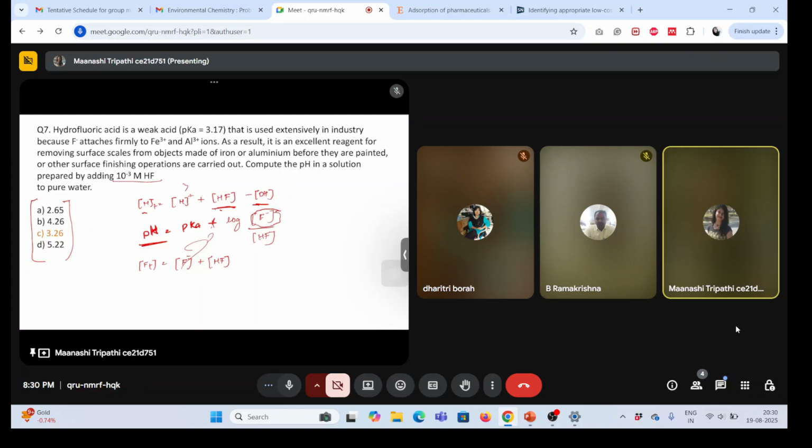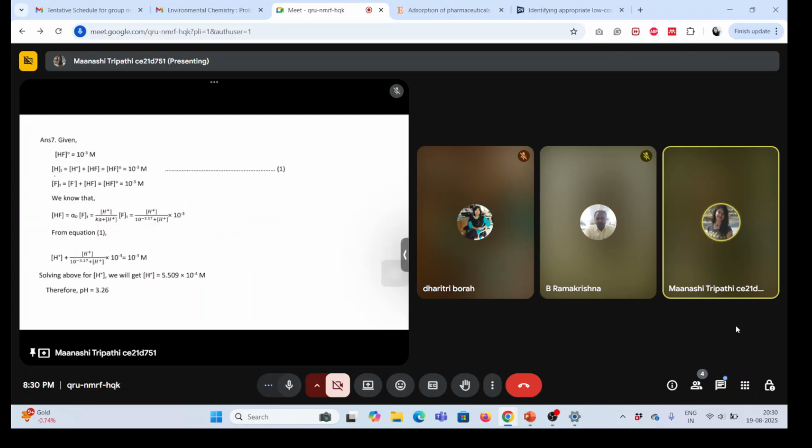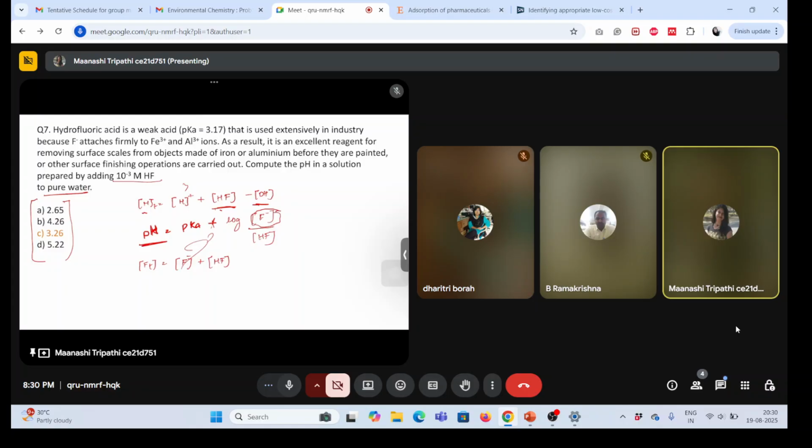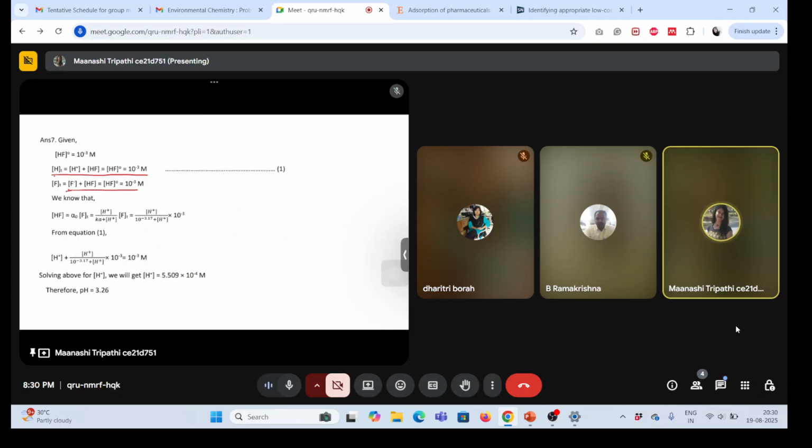As I told, HT is equal to HF, H plus HF. There will be minus OH also, but since it is saying it is added in pure water, no OH is coming into the picture, but there should ideally be minus OH. Ft is equal to F plus HF.